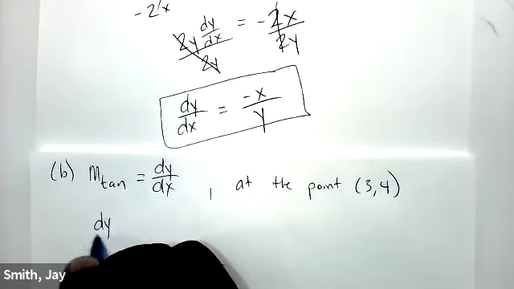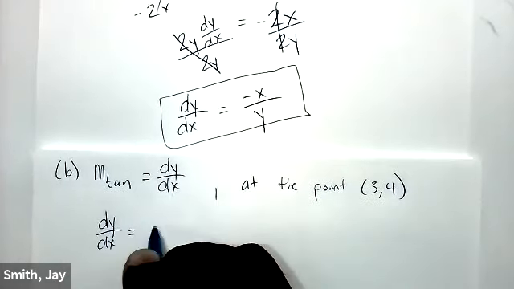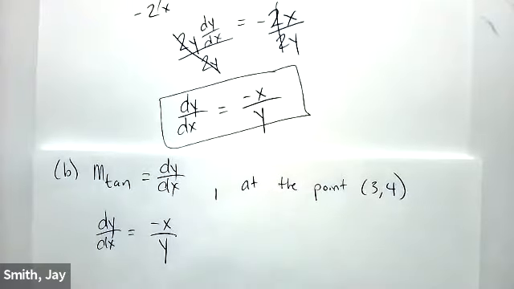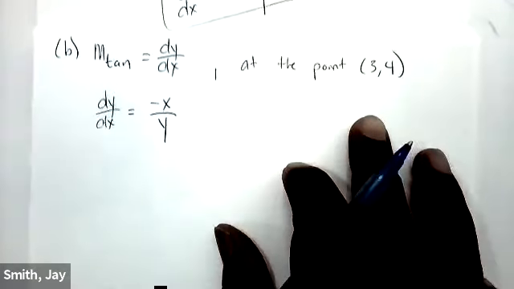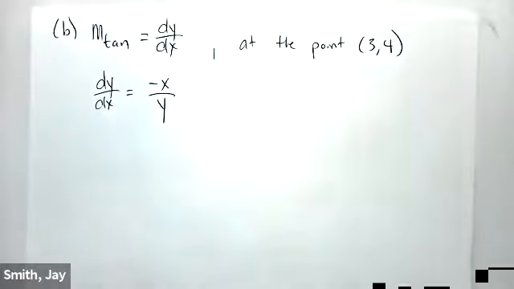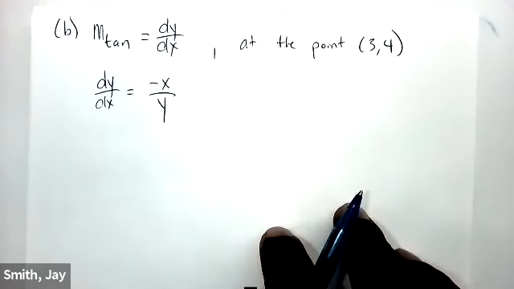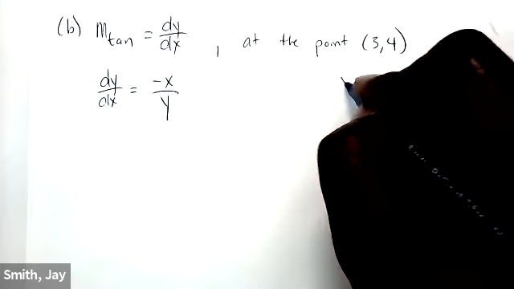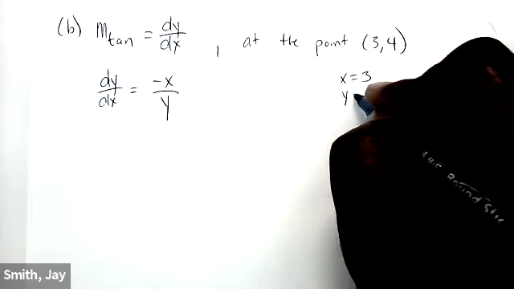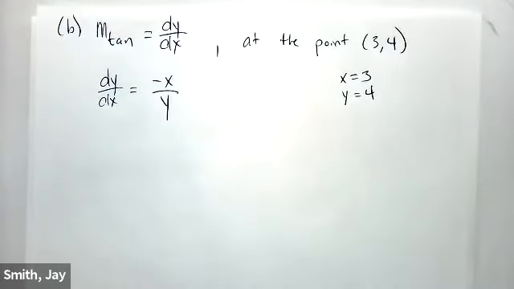So keeping in mind that dy dx is negative x over y, we're looking for it at the point 3, 4. This implies that x is 3 and y is 4.